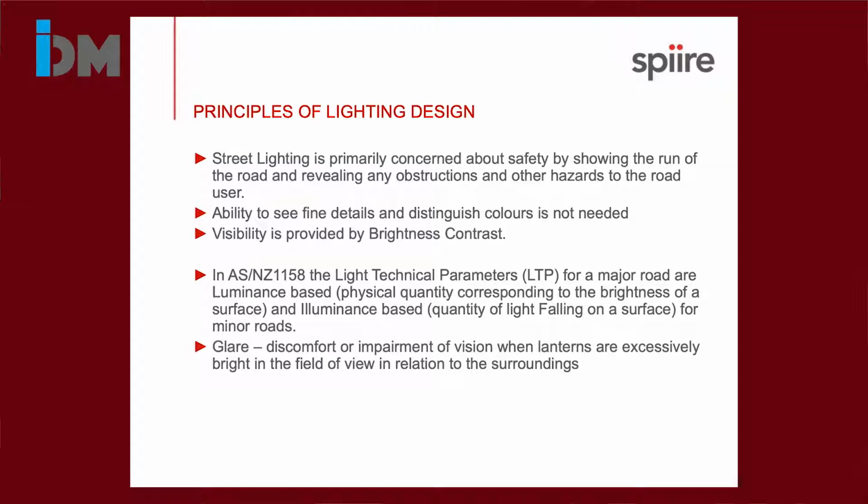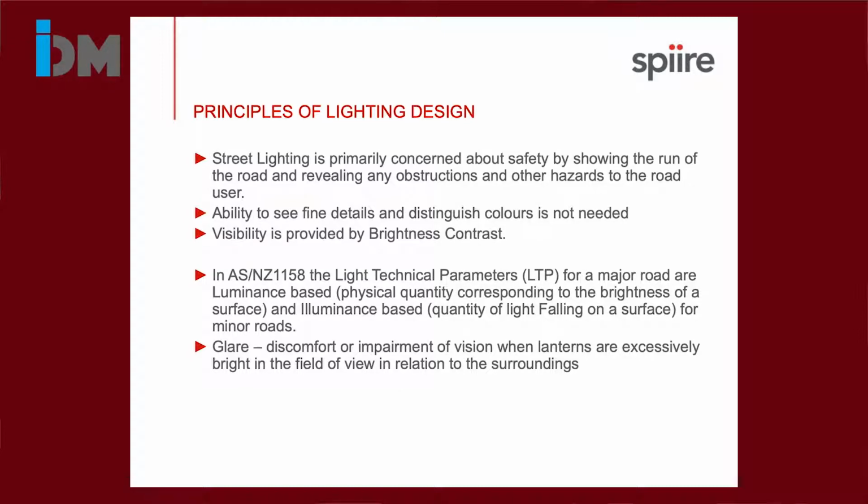Street lighting is primarily concerned about safety and showing the run of the road and revealing any obstructions and other hazards to the road user. The ability to see fine details and distinguish colours is not needed. Visibility is provided by brightness contrast.